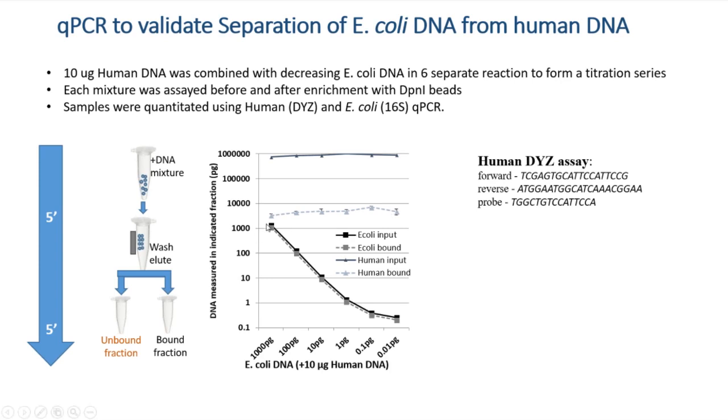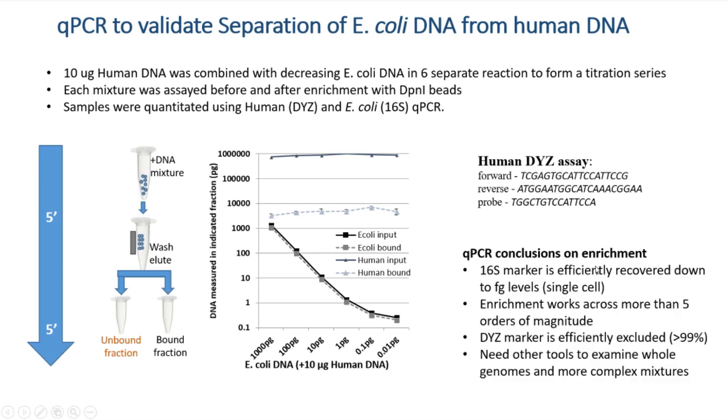On the flip side, the E. coli DNA, shown here by the dotted line, was recovered at over 80%, all the way down into the femtogram range. So we know from these kinds of experiments the following conclusions: that at least with our primers and probes, the 16S marker of E. coli is incredibly efficiently recovered by this kind of enrichment technology, from a nanogram down to femtogram levels in a fairly high background.